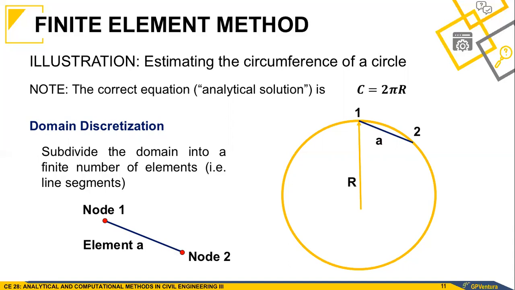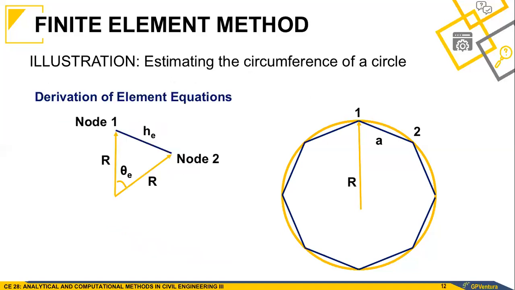Then, again, I just mesh or discretize the entire circle using line segments, such that this is now my meshed or my discretized model. And again, as you may conclude, the finer the elements, the more accurate or the nearer the solution is to my analytical solution. After I have discretized, what I'll do, as we have mentioned, is just to look at one element and to solve each element one by one.